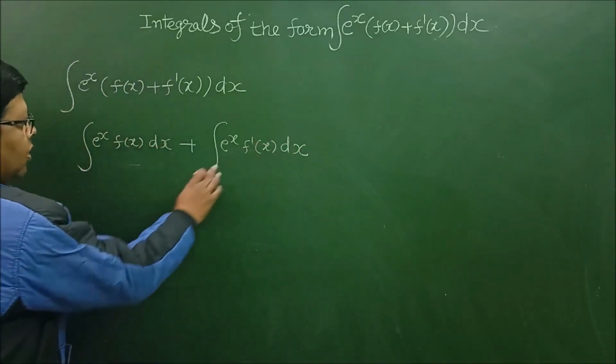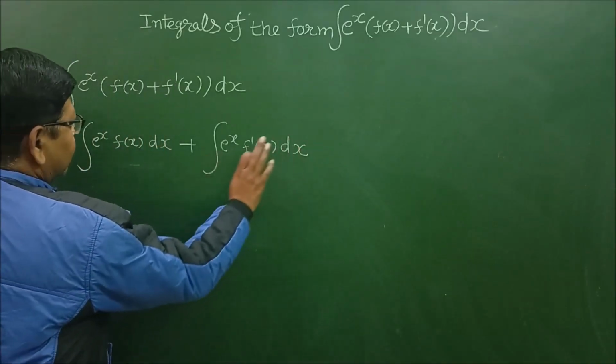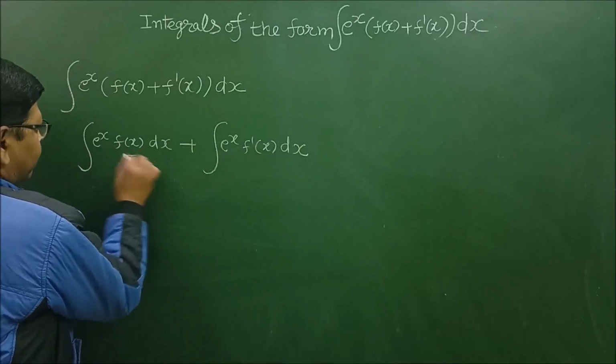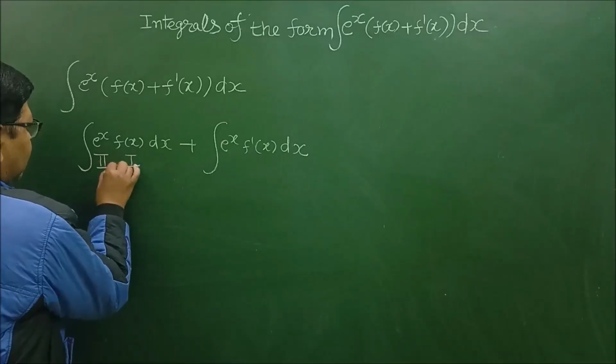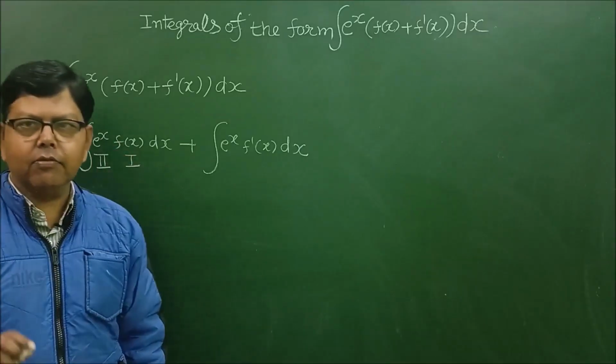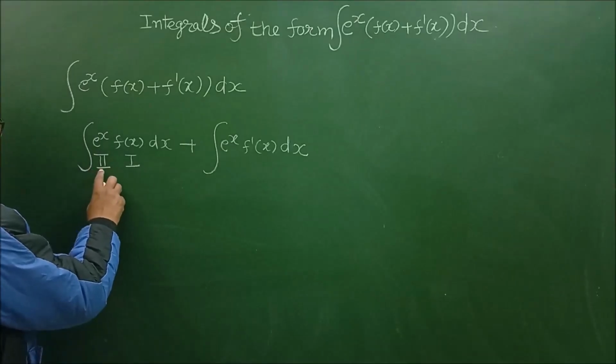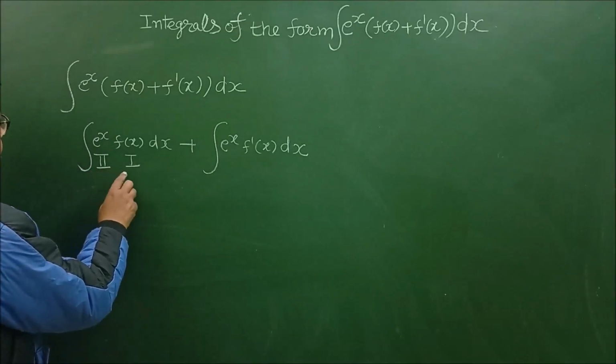Now keep the second integral intact, और first integral में let f(x) be the first function and e raised to the power x be the second function. Now let us solve this using the product rule of integration.